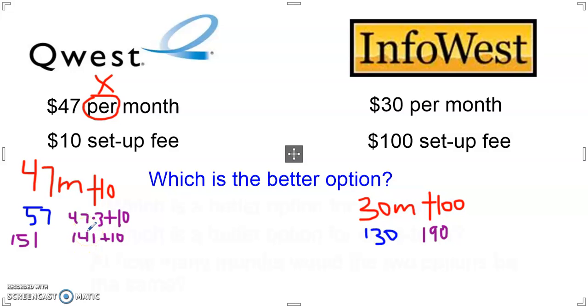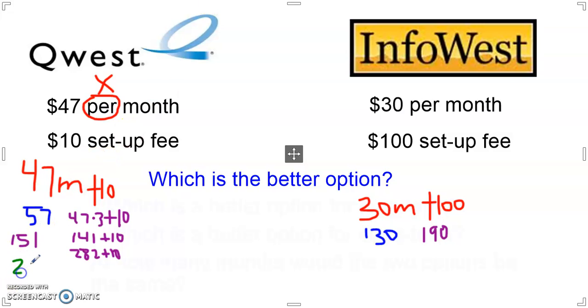So let's go ahead and try 6 months. So if we're doing 6 months of internet, we've got 47 times 3, or sorry, 47 times 6, which is 282. And then we'll add 10, which is 292.